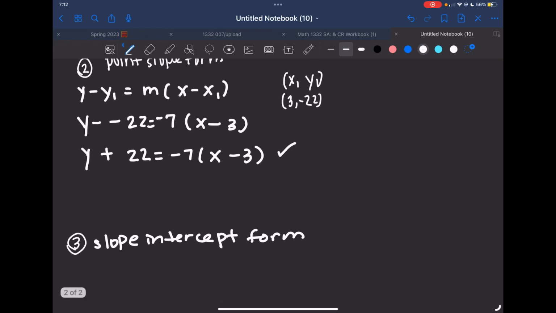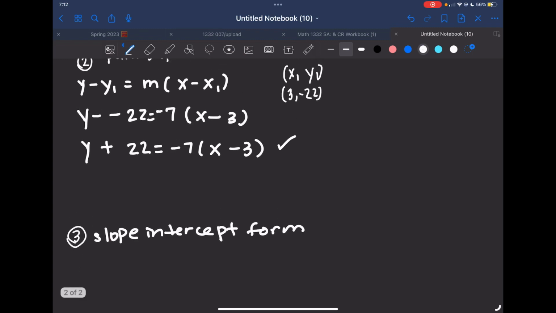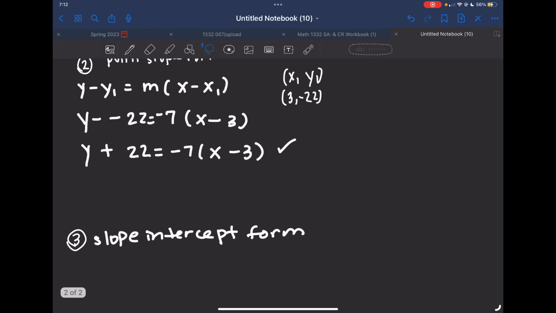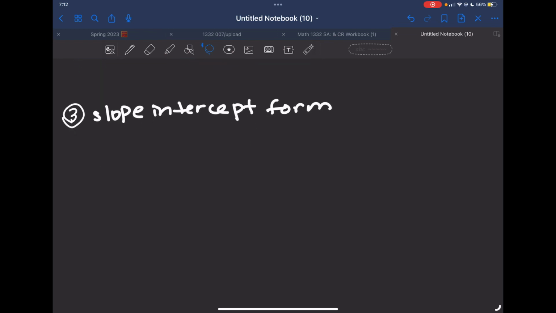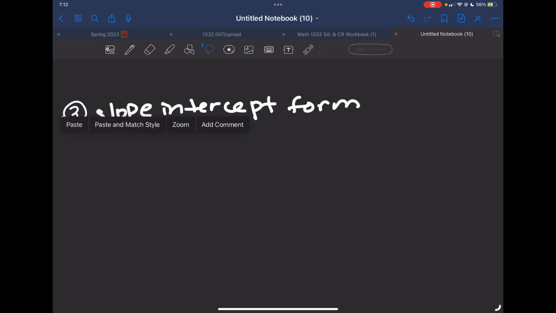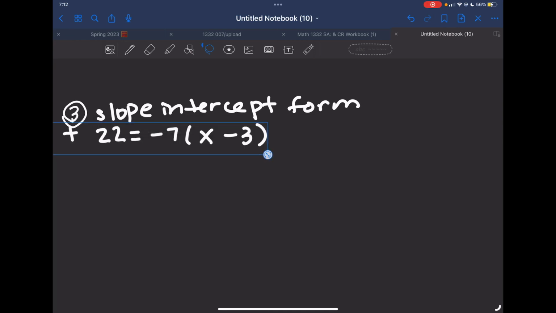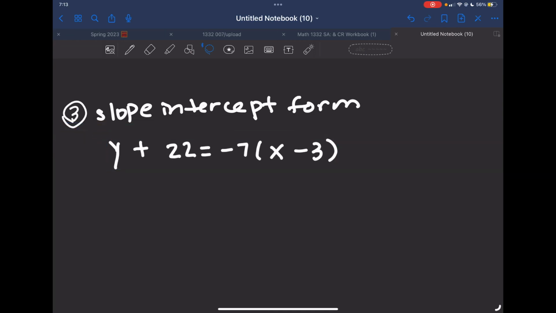Now we use the same formula, right? We use this point slope formula, and we're going to create slope intercept form. When we create slope-intercept form, we're basically simplifying the equation to the left.